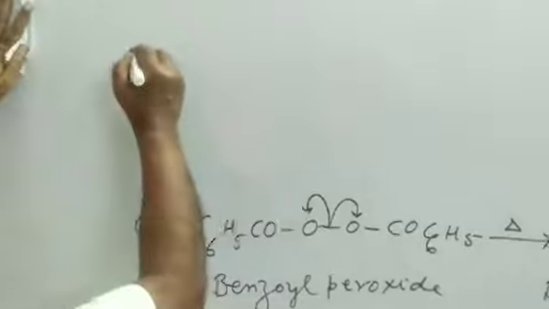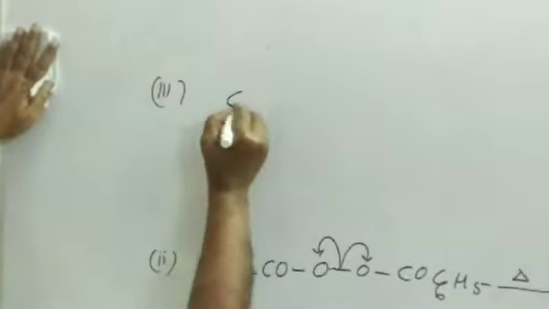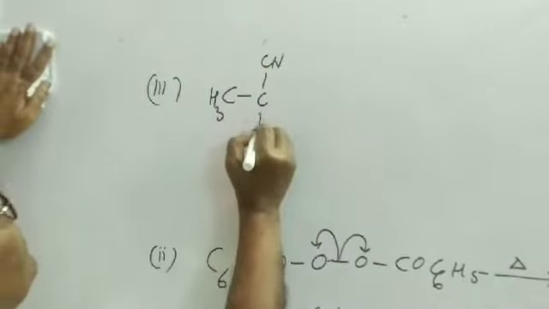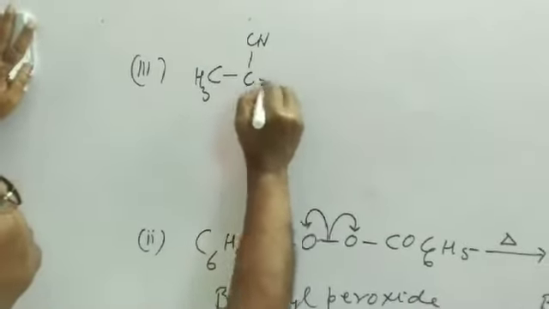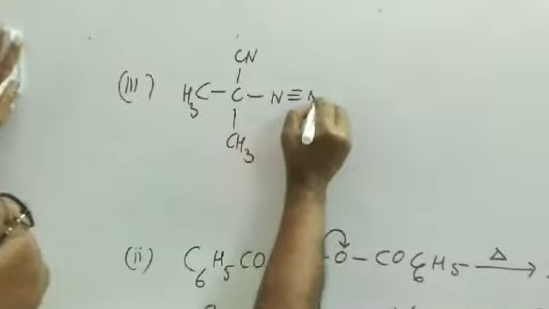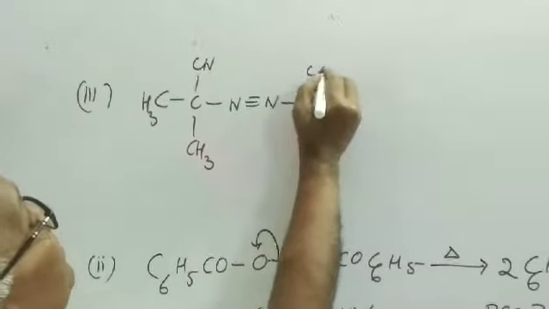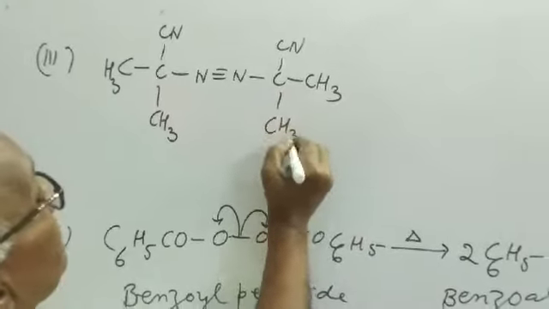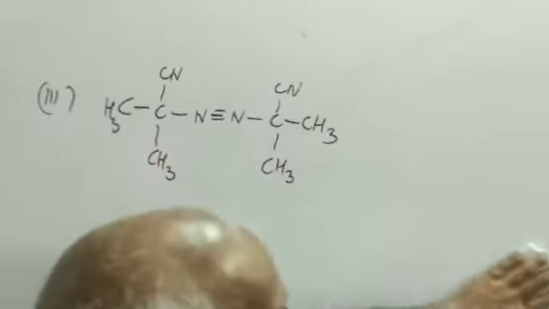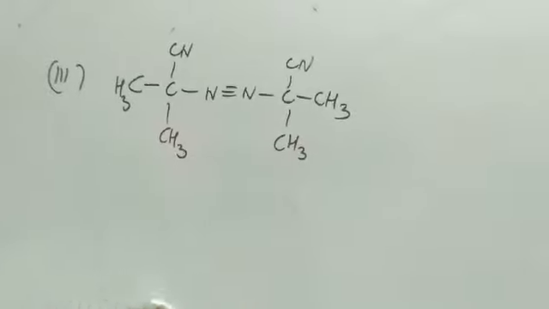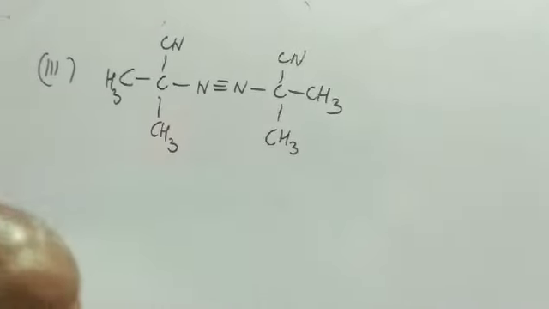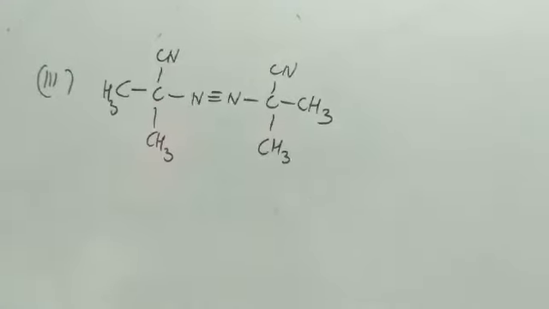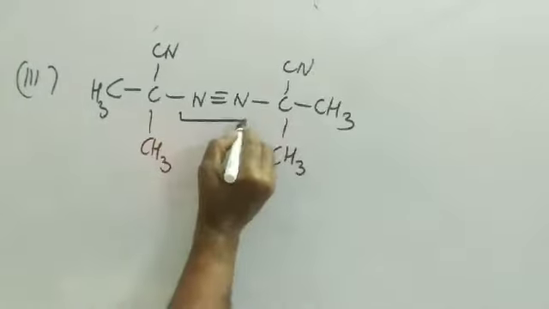Third one is this, CN, isobutyronitrile, with CH3 and CH3. It is a radical initiator. A radical initiator means it generates free radicals during a reaction, so it is called a radical initiator. The name of this is azo.